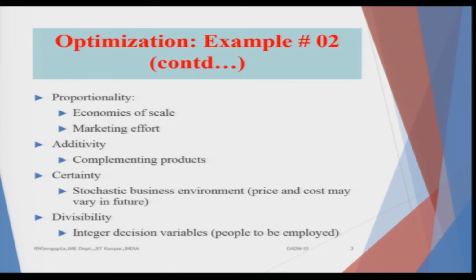The concept of divisibility relates to integer decision variables. For example, the number of people to be employed, the number of machines to be utilized, the number of trucks to be employed to transport goods, or the number of products to be made. In the initial problem I mentioned that the number of products to be produced are all integers, but when you solve, you will find they come out as non-integer values.